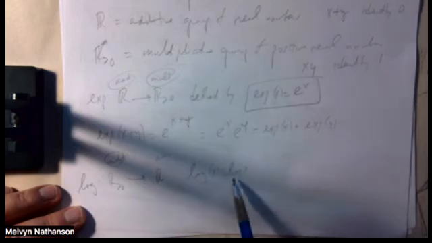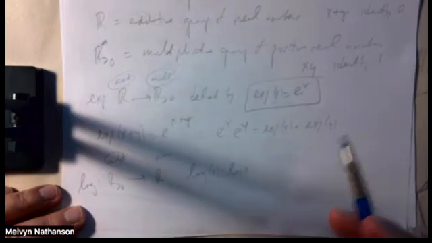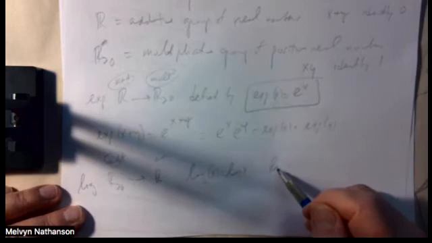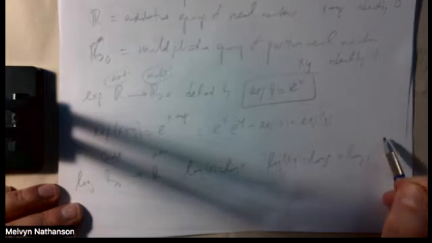Just take the logarithm of a number. You can take the logarithm of any positive number and you get a real number. And I claim this is a homomorphism. Why? Because the log of xy is the log of x plus the log of y.